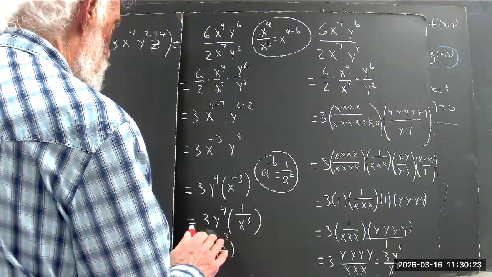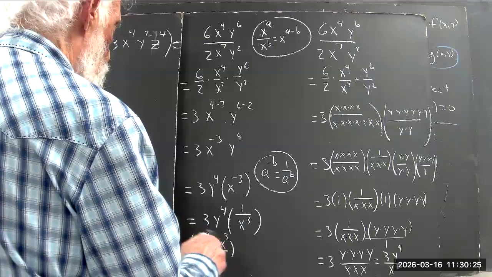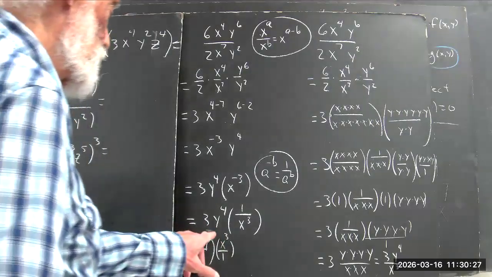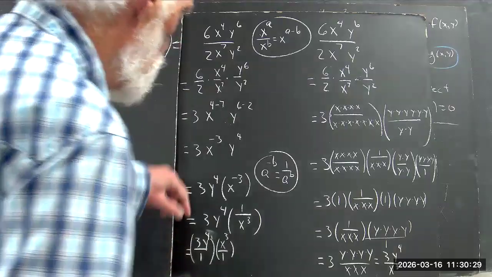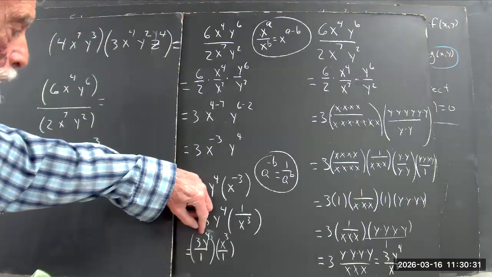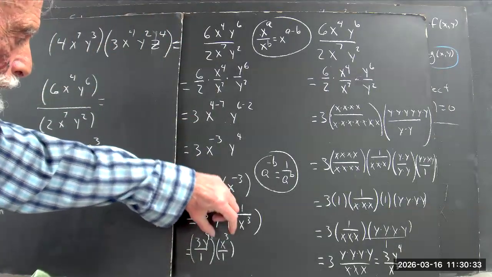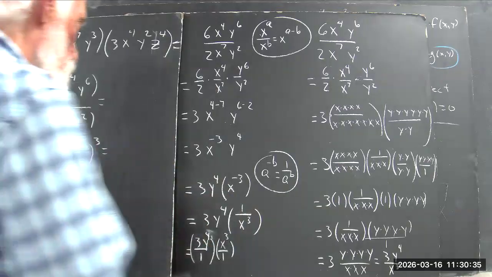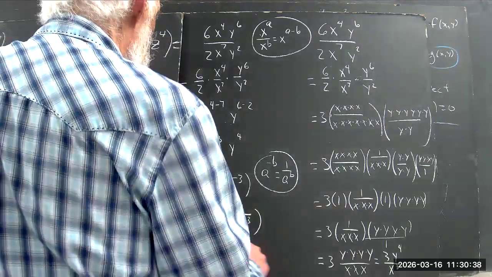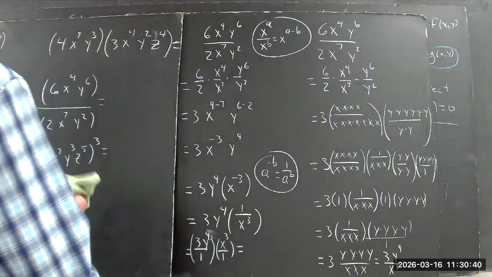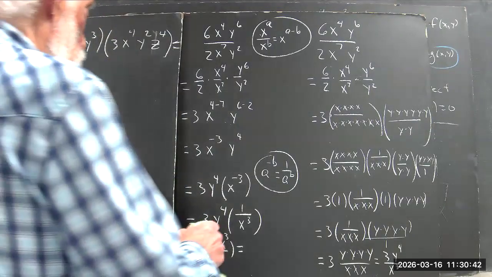My parentheses there kind of slipped in front of my exponent 4, so it looked like the whole 3y over 1 was to the fourth. I wrote that wrong. It should be 1 over x cubed.